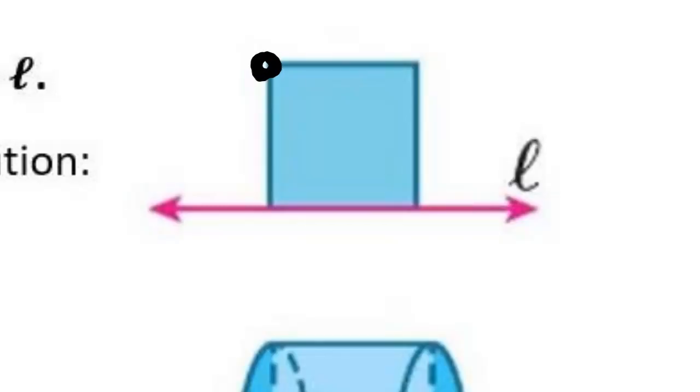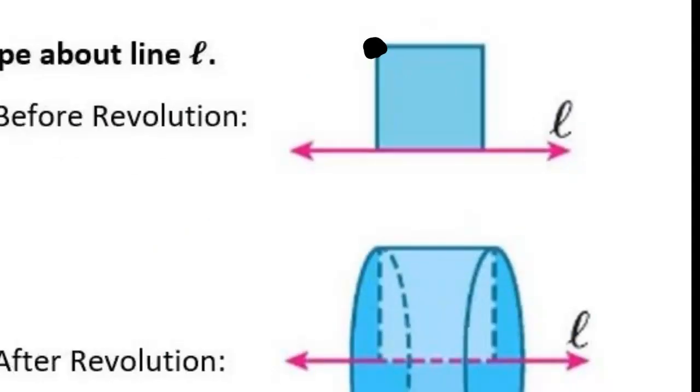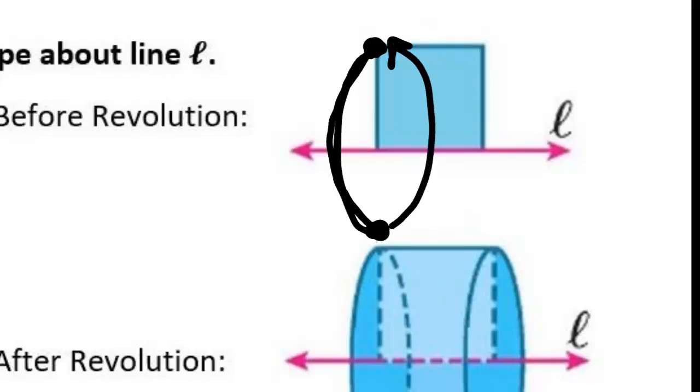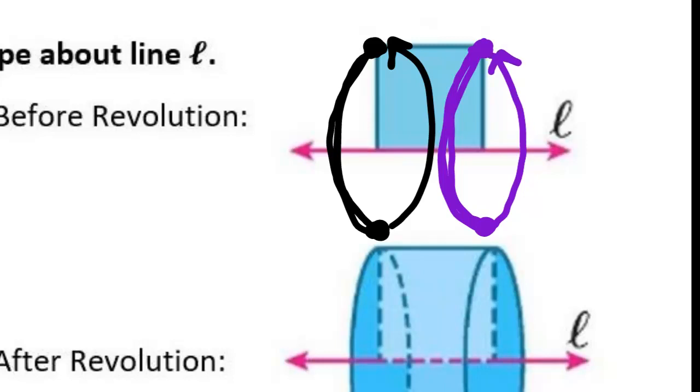So this point right here would rotate down until it hit a bottom here, and then it's going to rotate back up. This point right here would rotate down until it hits its lowest point right here. And then it's going to rotate back around and back up to the top and go around and around.